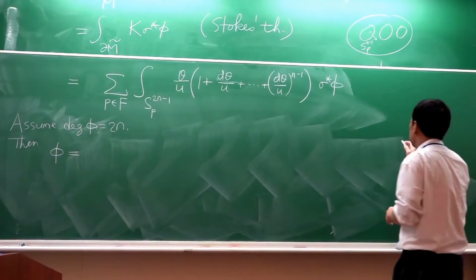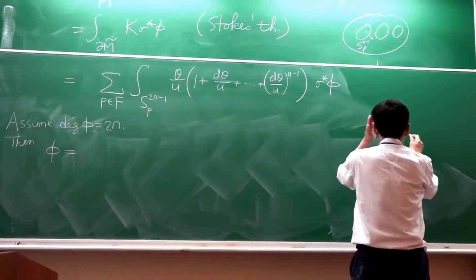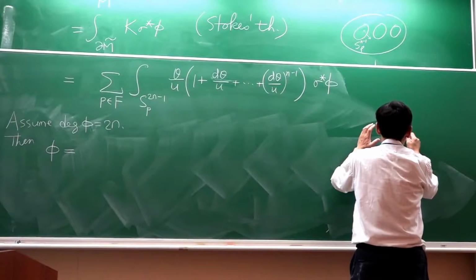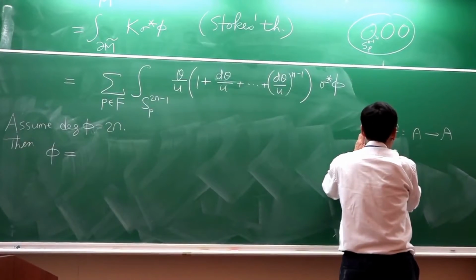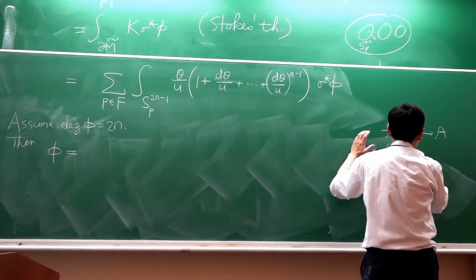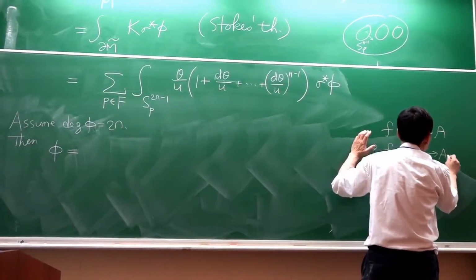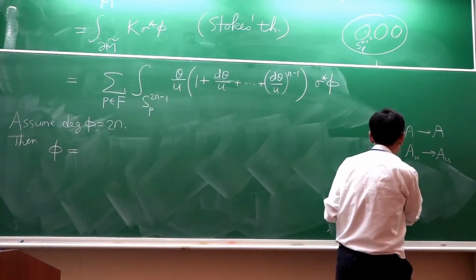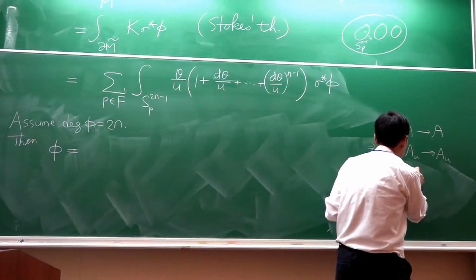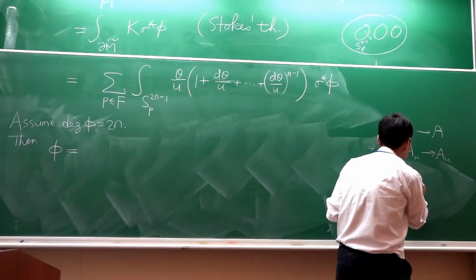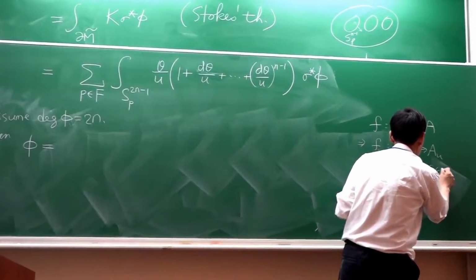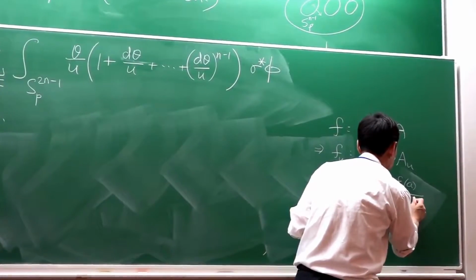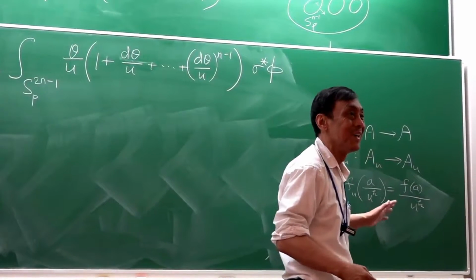If you define f on any R of u algebra, there is an induced map, and the induced map is defined this way. So you basically leave the u alone.